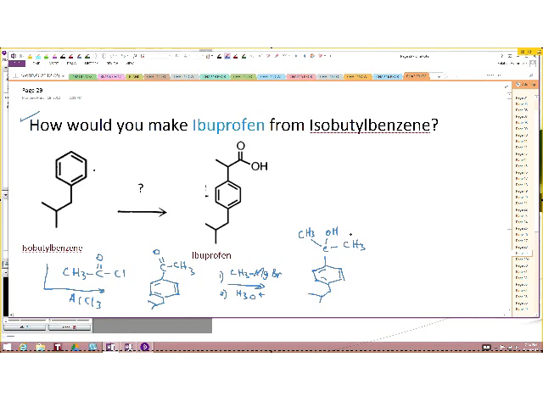Is that right? Grignard reaction with a ketone to give you a tertiary alcohol. Is that right? That's a good one. Well, that wasn't what I wanted to do, but that's fine. Okay, what's the next step?